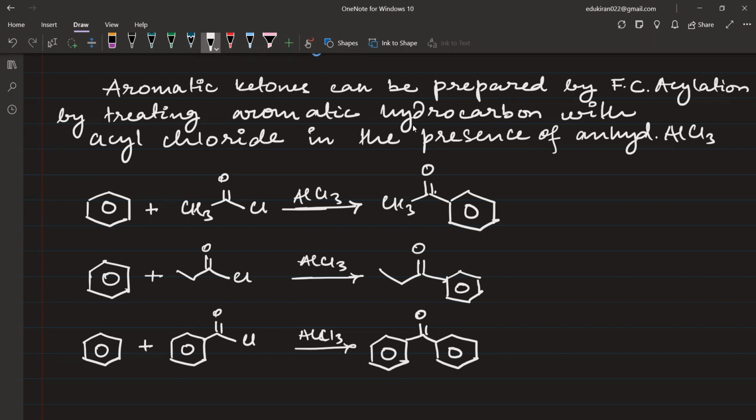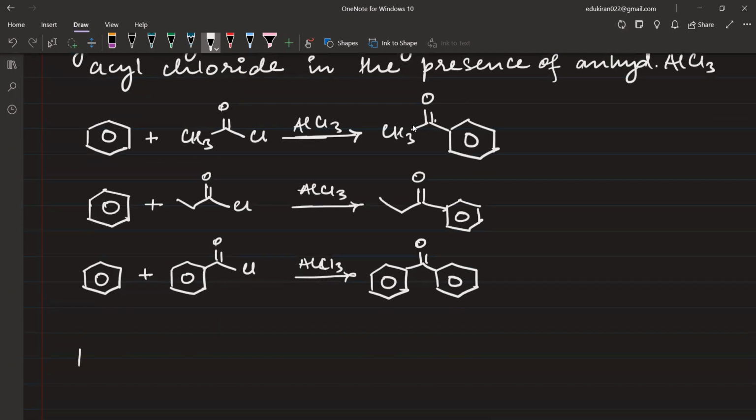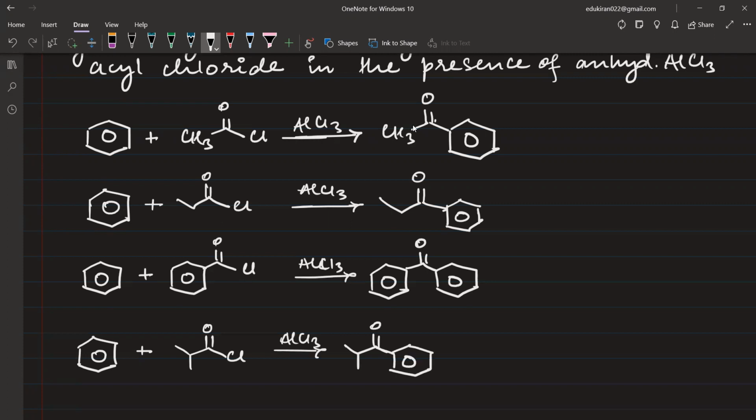No matter what the acyl chloride is, even if you have something like this. Now this benzene can have some other groups, but don't worry about it. You can have, let's suppose, C double bond O, Cl. So this complete fragment of acyl chloride is attached to the benzene ring. Write this down.